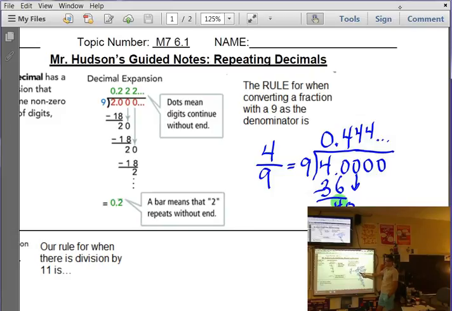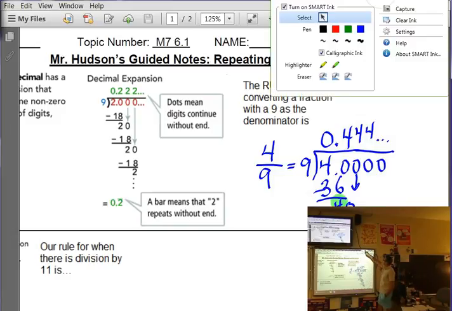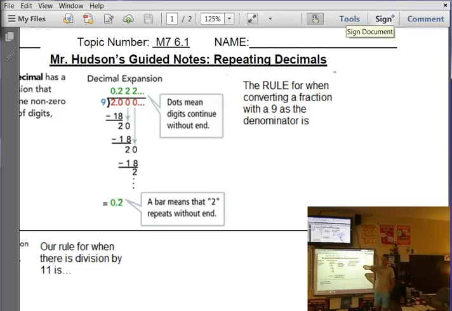We ignore the decimal when we're doing the long division, because remember, place value doesn't matter when I'm doing these subtractions. These are not hundredths places or thousandths places. They don't have place value when I'm doing the long division. So just remember, this 4 minus, this is actually 40, because I'm using 2 numbers, I have to subtract 2 numbers. So wait, 4 9ths gave me 0.444444.